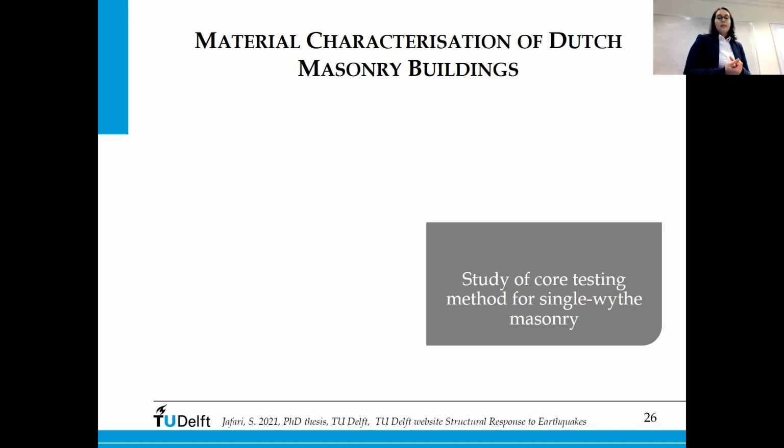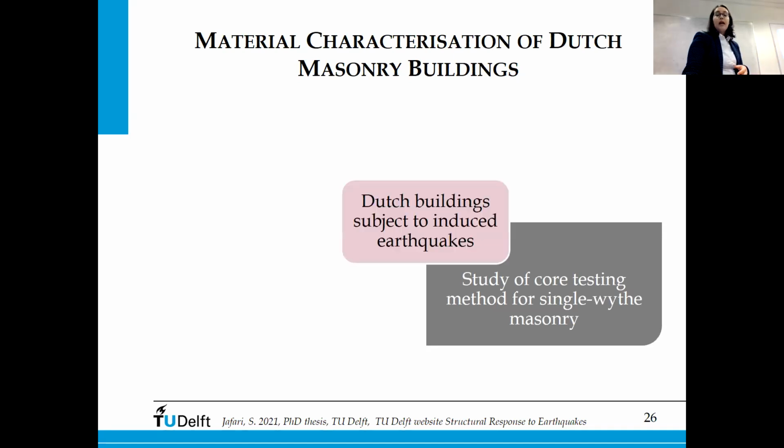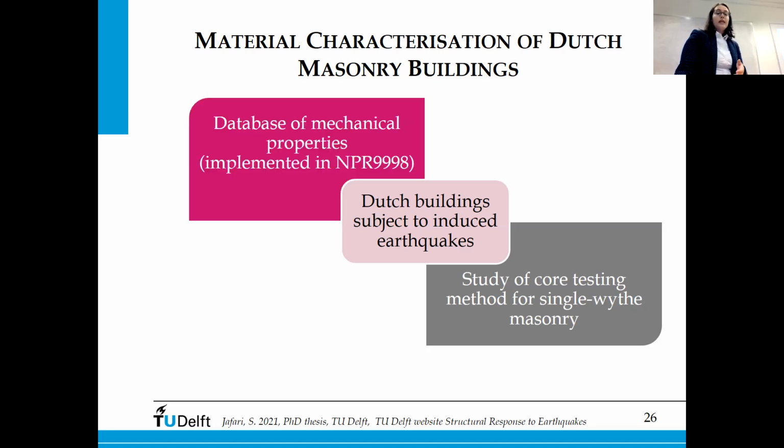This was one of the aspects that we treated in a larger project for assessing the material properties of buildings subject to induced seismicity in the Netherlands. In this project, I just want to mention that we also created a database of mechanical properties for the most typical masonry types in Dutch buildings.